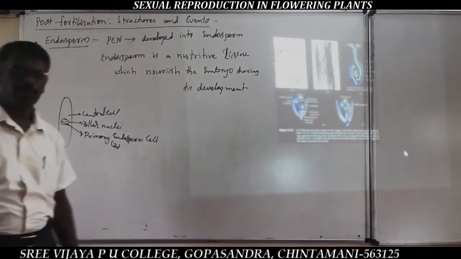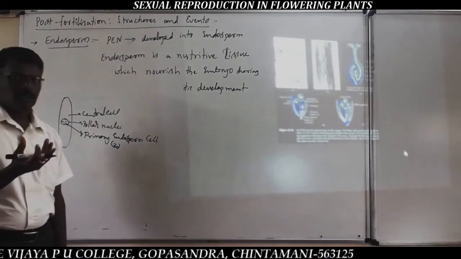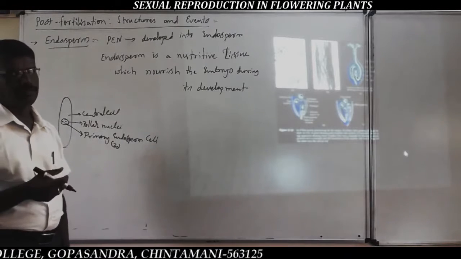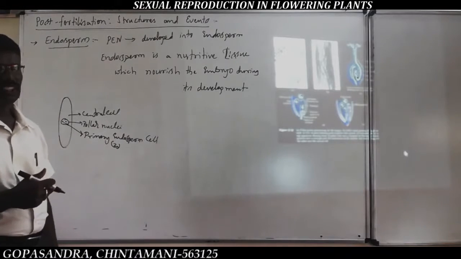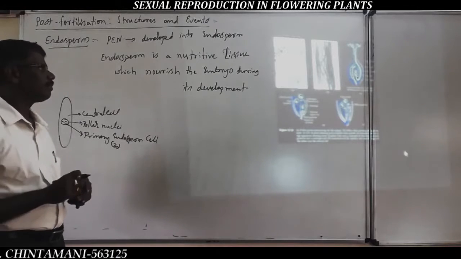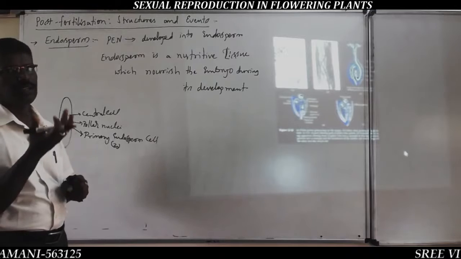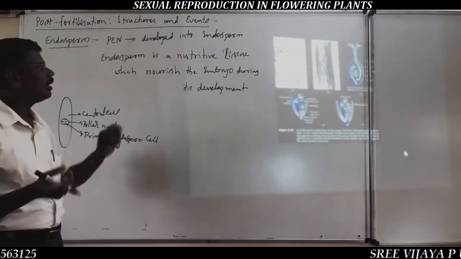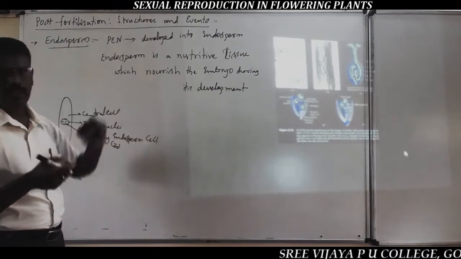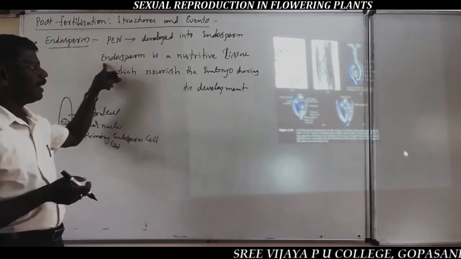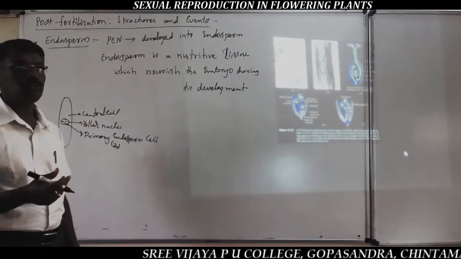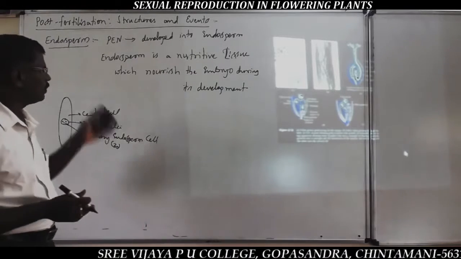During development of the embryo, it absorbs food through a suspensor or through haustorial structures. Those haustoria suck the food nutrients from the endosperm. As the endosperm is called a nutritive tissue, it supplies the food for the developing embryo.